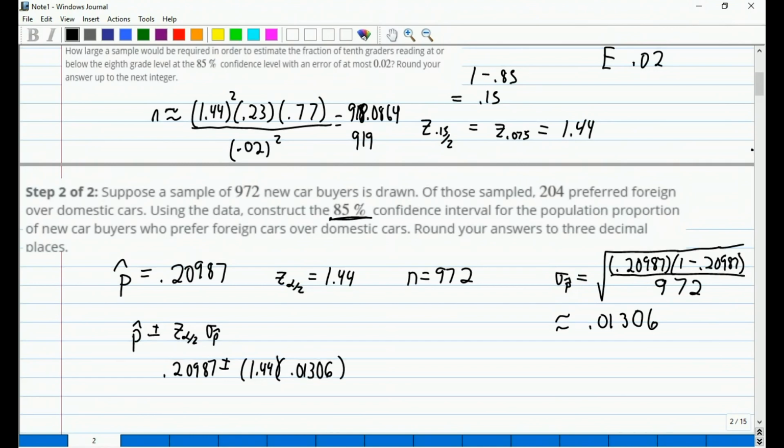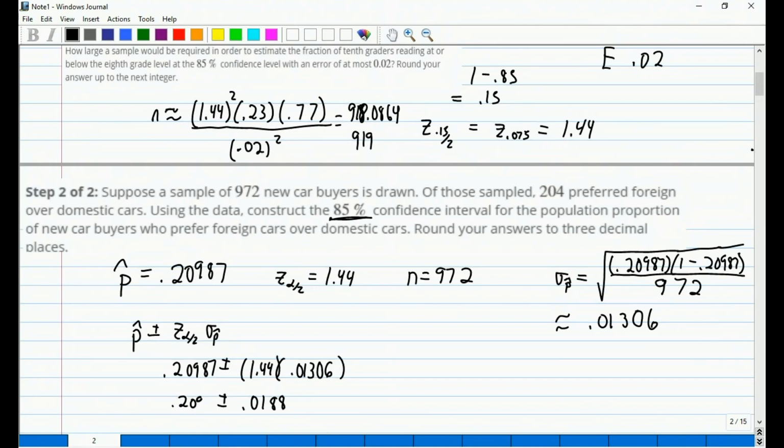So I'm going to say 1.44 times 0.01306. And I got 0.01880. So I'm going to leave it like that.